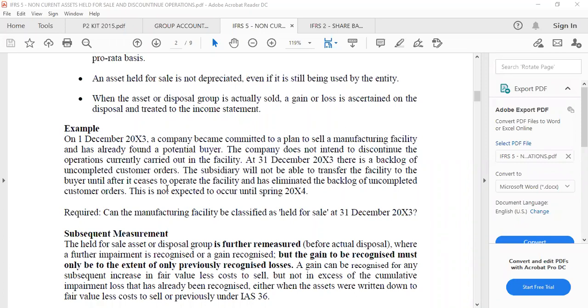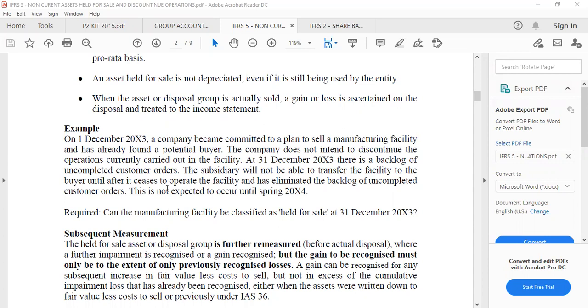The subsidiary will not be able to transfer the facility to the buyer until after it ceases to operate the facility and has eliminated the backlog of uncompleted customer orders. This is not expected to occur until spring 2X4. Required: can the manufacturing facility be classified as held for sale at 31 December 2X3?